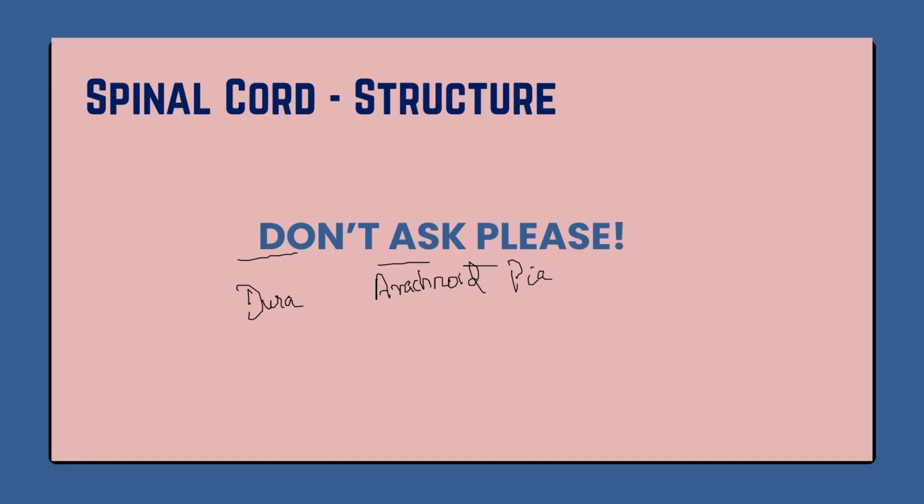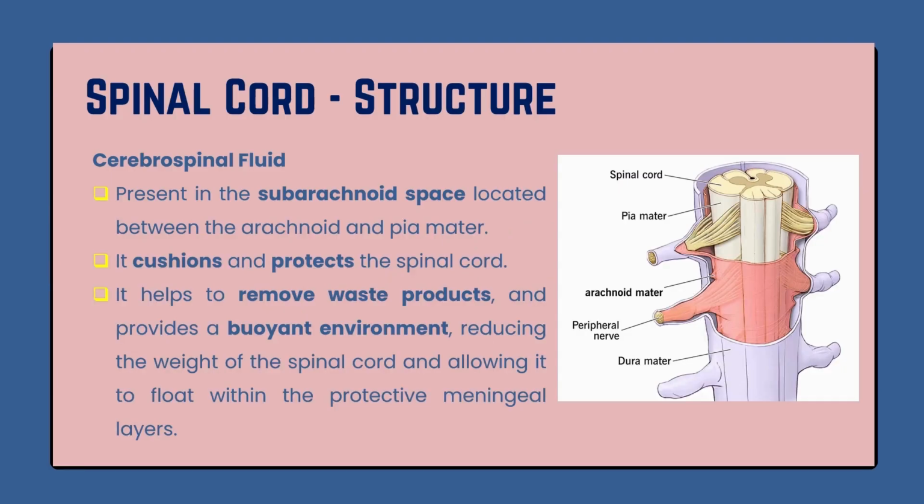All right. Then the third protection is the fluid. This fluid is called cerebrospinal fluid. It is present in the subarachnoid space located between the arachnoid and pia mater.